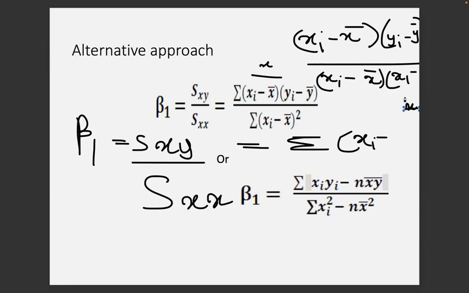Is it clear how we calculate the beta 1 value? Okay, once we simplify it further, we will get the beta 1 value.